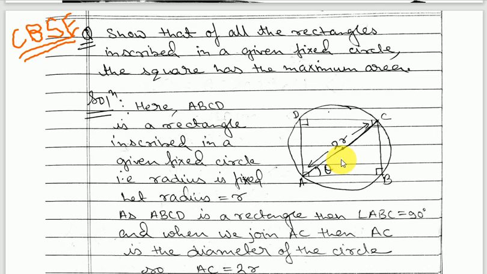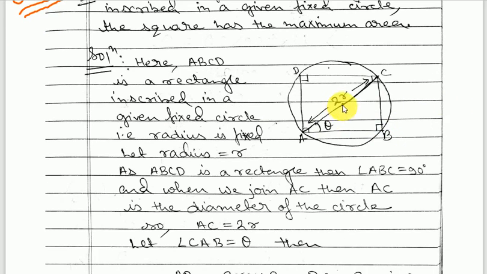So here ABCD is a rectangle inscribed in this fixed given circle. That means radius r is fixed, constant. You know that in a rectangle each angle is 90 degrees. So when you join A and C, AC will be nothing but the diameter.